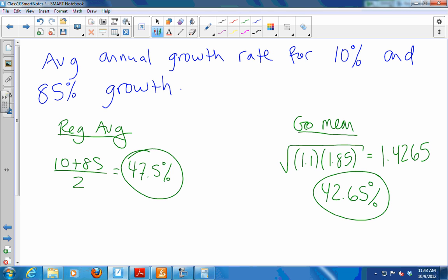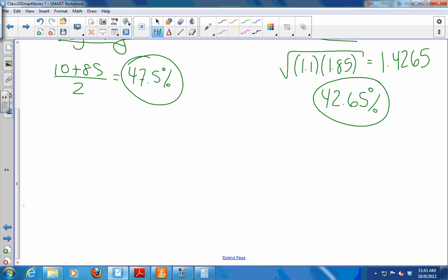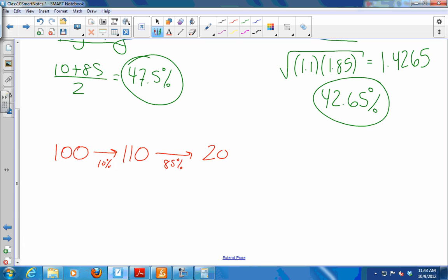So let's just see that the geometric mean is the same as 10% and then 85%. So if I start with 100 people and increase it by 10%, I get 110 people. Then I'm going to increase that by 85%, and I get 110 times 1.85, which is 203.5.